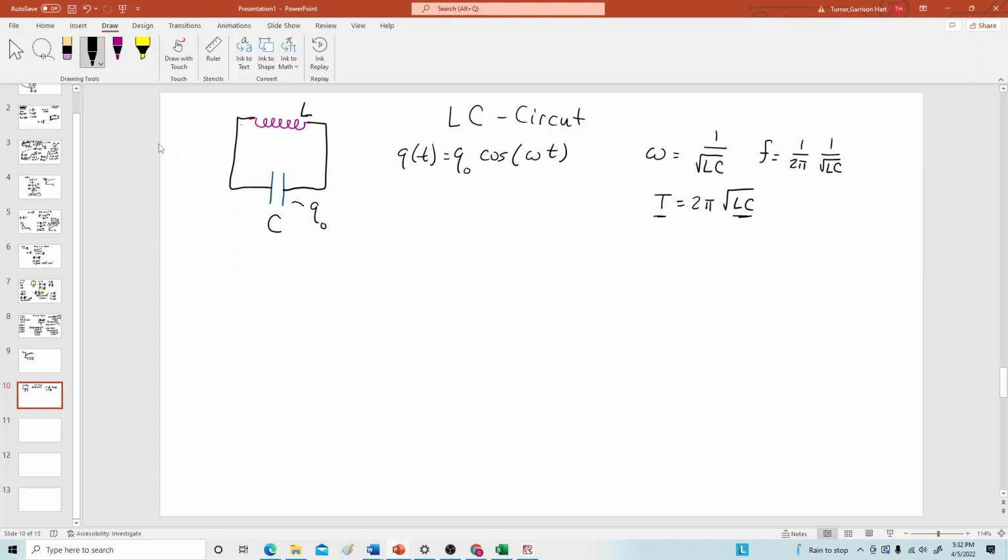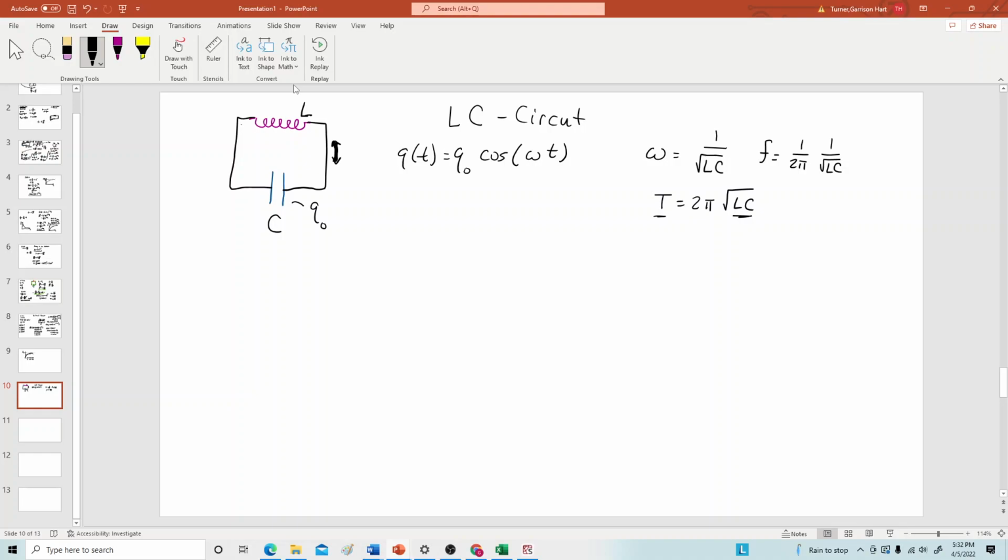And so what that means is that the individual drift speed of a charge is going to be a little bit slower for large values of L and C, and for smaller values of L and C, it'll be faster. And that just means that omega, the frequency, is the frequency with which the current is going to reverse direction from flowing one direction back to the next.